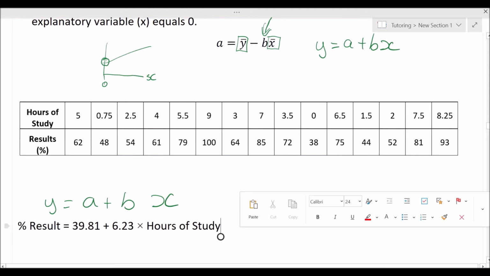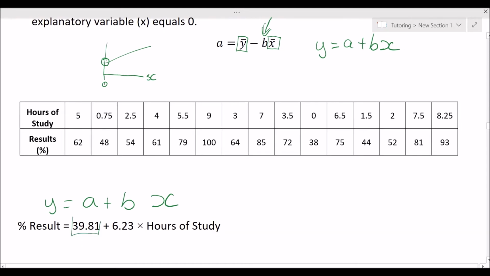So your calculator should tell you that the y-intercept is 39.81, and it should be telling you that the gradient is positive 6.23. You also need to substitute the response variable into the place of the y in this equation, and in the place of x, you would place the explanatory variable, which is in this case the hours of study.